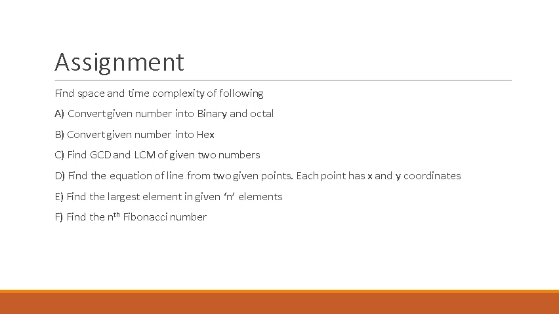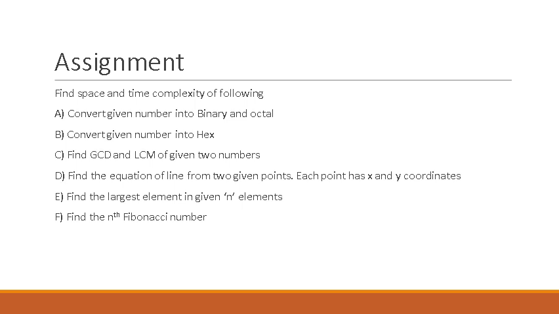So we have seen 2 small examples of how to calculate time and space complexity. This is the assignment for you. You have to write a program for this, a small function. Only concentrate on the function; no need to write a main function and accept a variable and all.